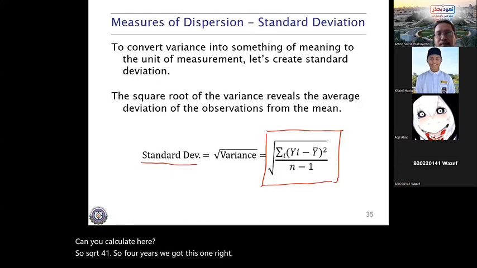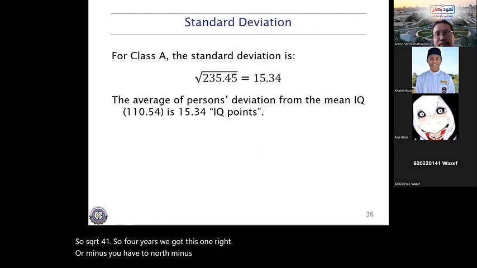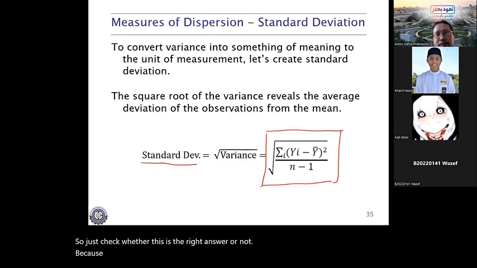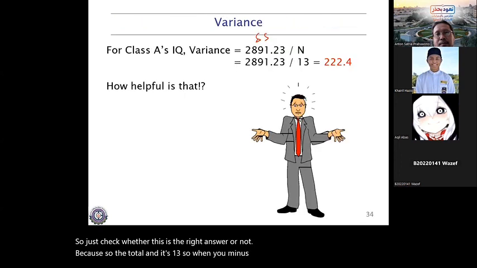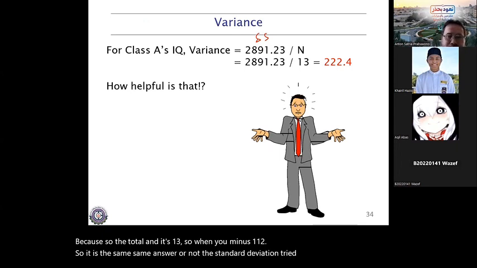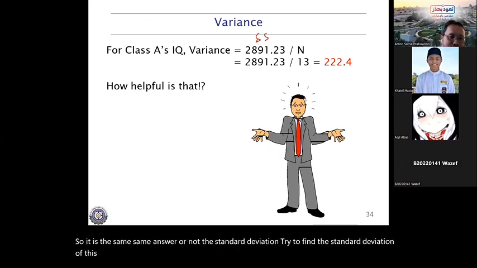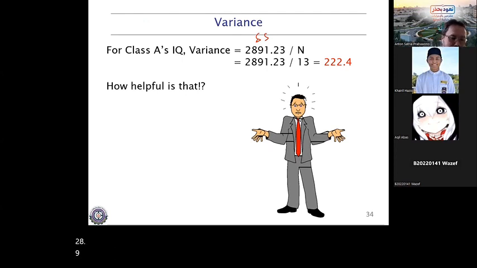Or you have to do n minus 1 first. Just check whether this is the right answer or not. Because n is 13, when you minus 1, 12. So is it the same answer or not? Try to find the standard deviation of this data for class A. 2891.23, right.